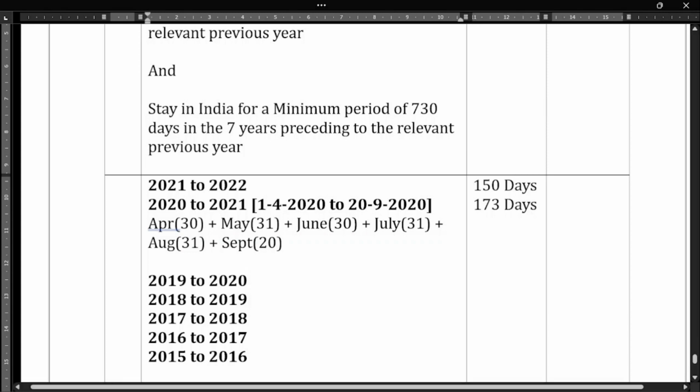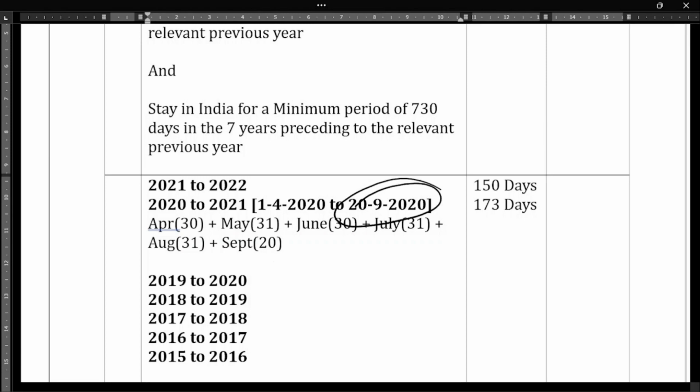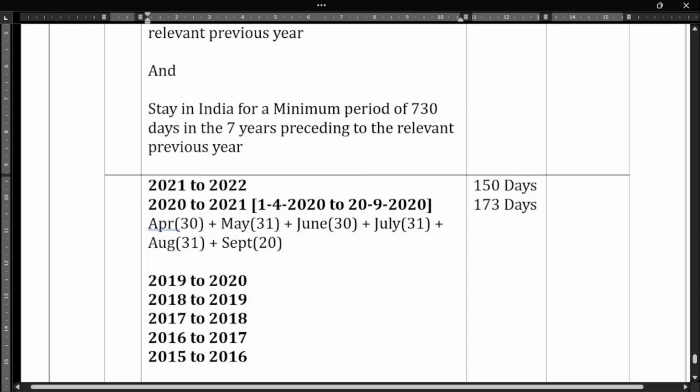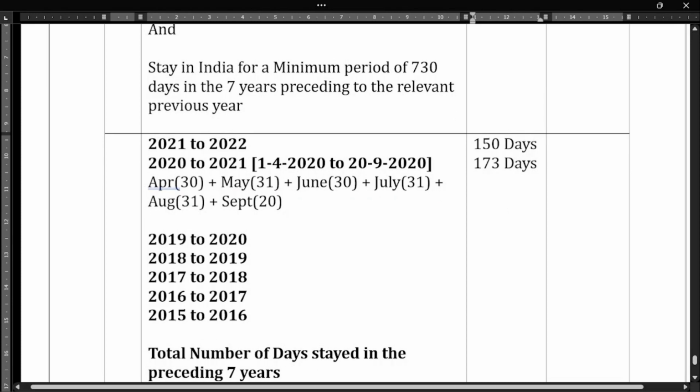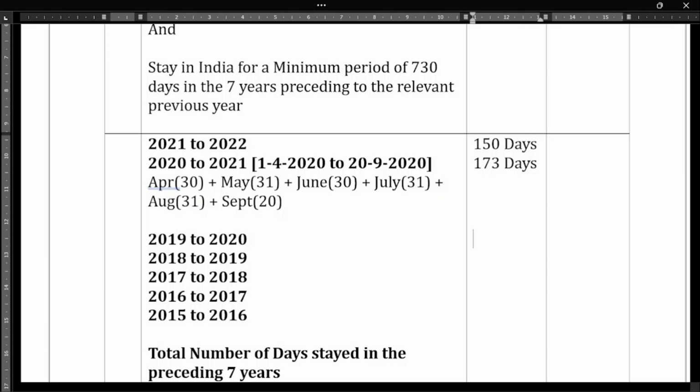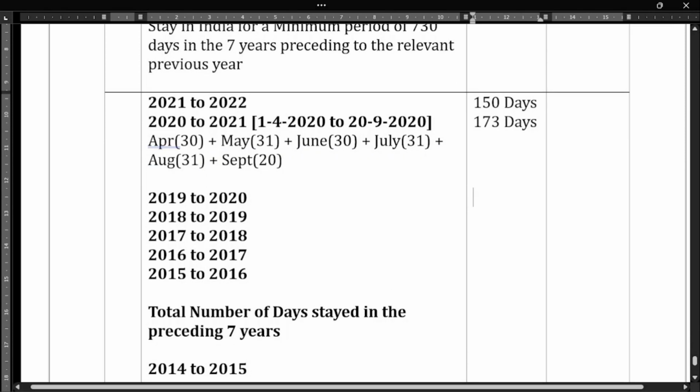Next, we know that he left India for the first time on 20th September, which means that before that he was there in India. Now that means in the year 2019-20, is it a leap year?